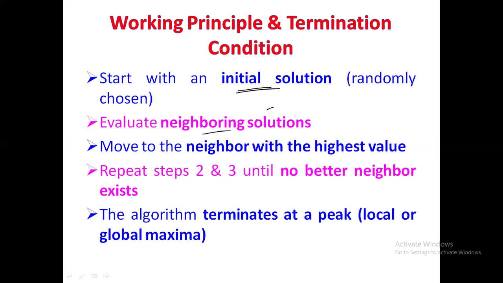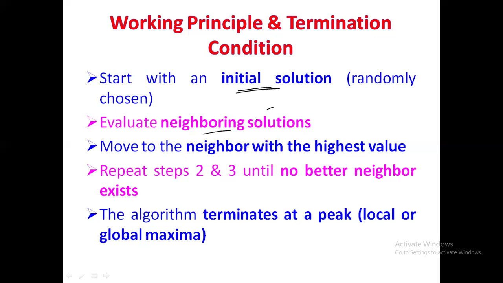If a neighboring state offers a better value than the current state, the algorithm moves to that neighbor and continues the search. This process is repeated iteratively, with the algorithm always selecting the best available neighbor until it reaches a point where no better neighbor exists. At this stage, the algorithm terminates and the solution obtained is considered a peak.